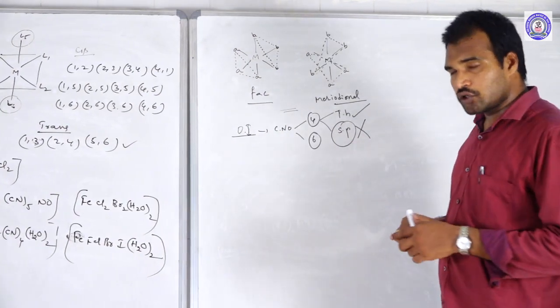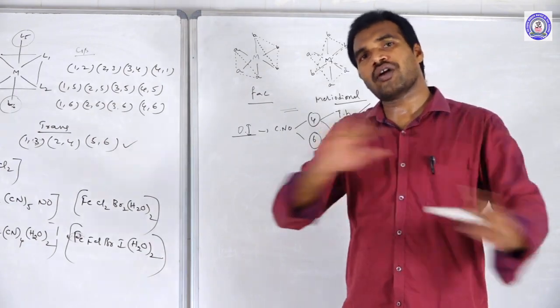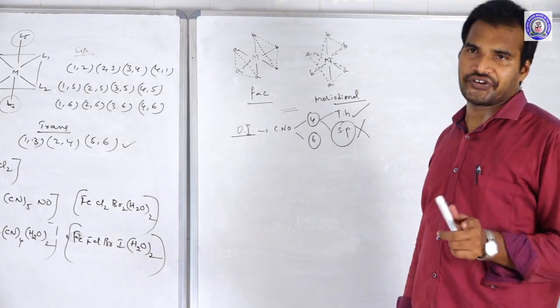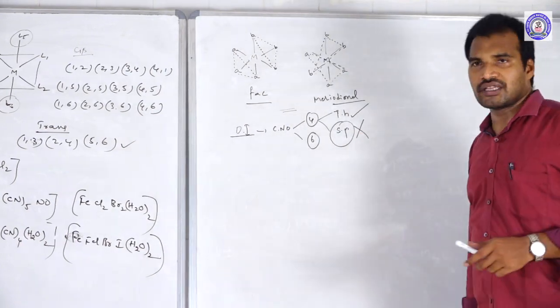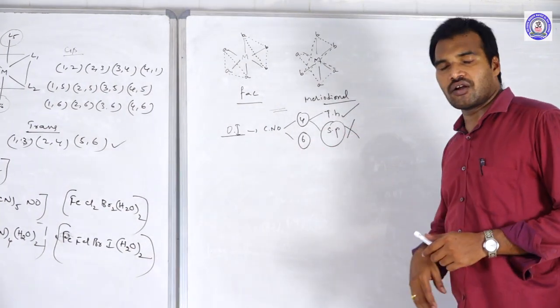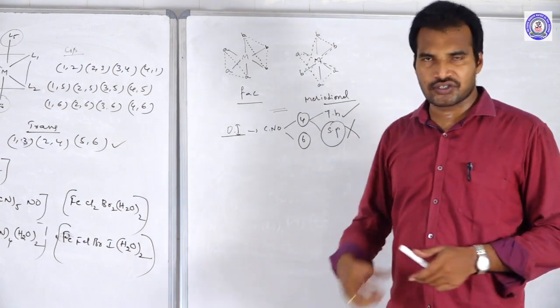Why? Because to show optical isomerism there is one condition: they should not have any kind of symmetry. In square planar complexes there is a chance of getting symmetries. That is why square planar complexes will never show optical isomerism. Only tetrahedral complexes can show.